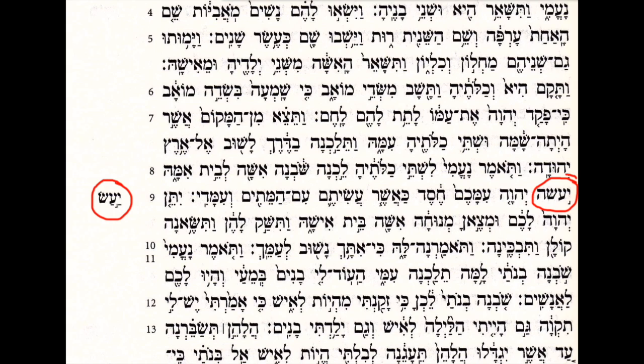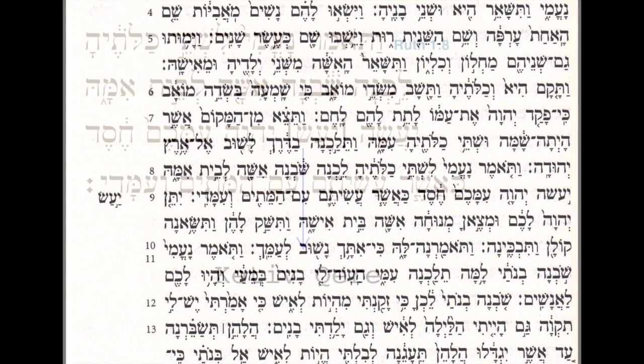We have the consonants in the text with no vowels, but what's to be read, the kare, is off to the side with the correct vowels and consonants. And so now we're going to go back to the verse that I pulled from the Accordance Bible software.